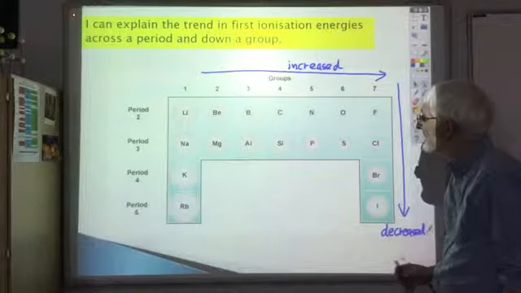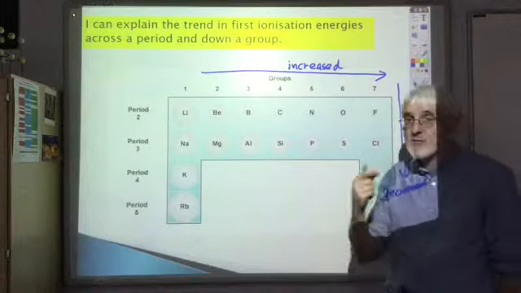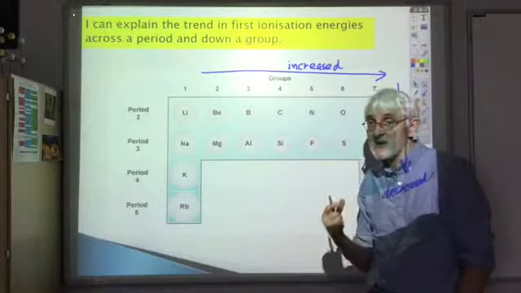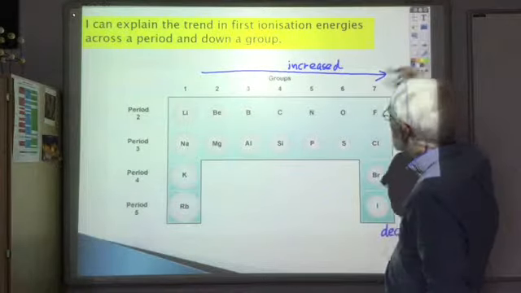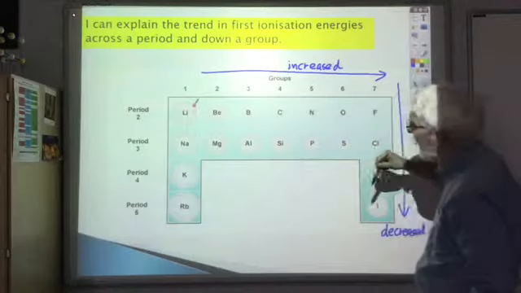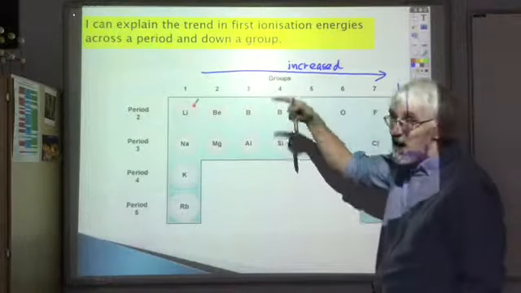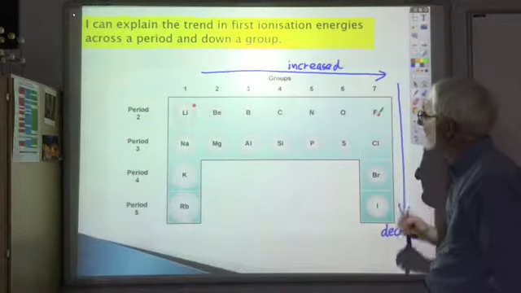So why was that? Well, the first ionisation energy, you're trying to remove an outer electron. So you're trying to remove that lithium electron there. That's the one in the outer energy level. Fluorine is this one.